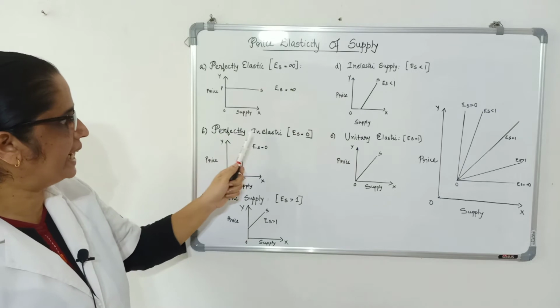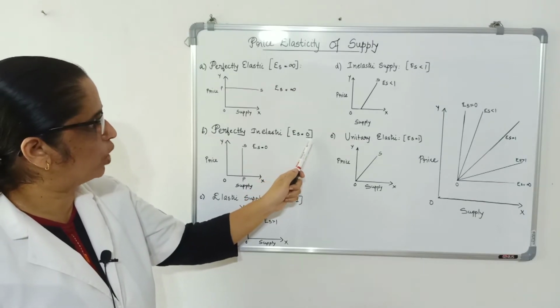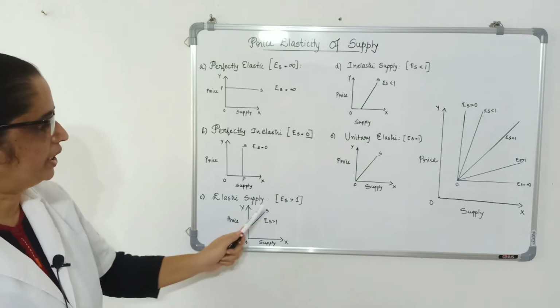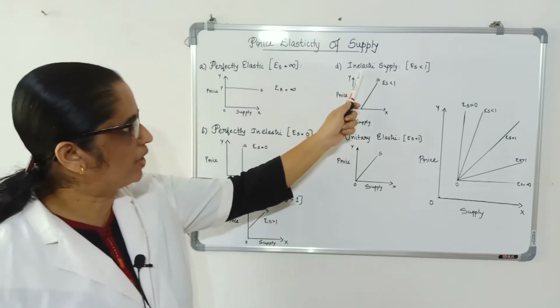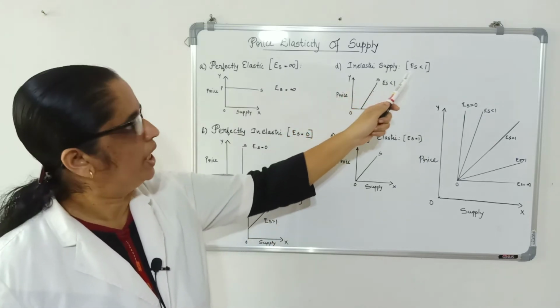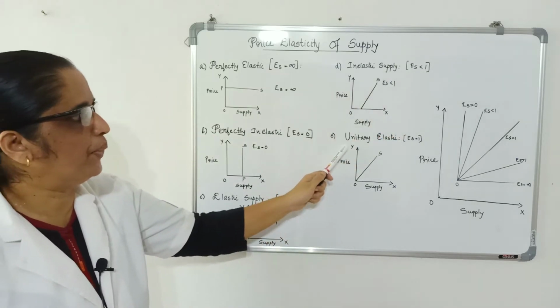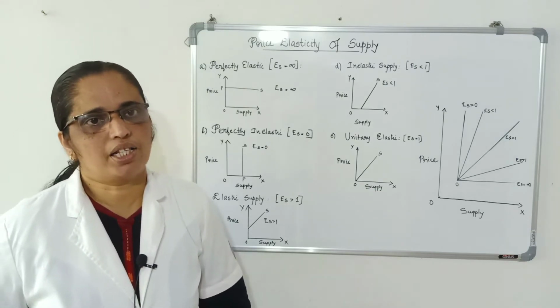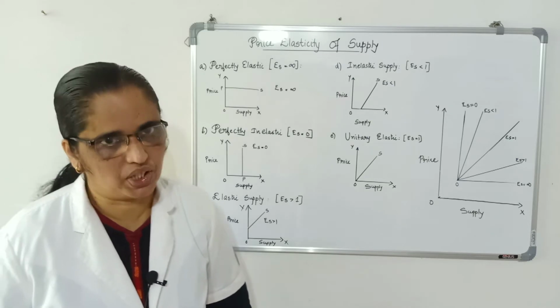Second, perfectly inelastic supply, that is, elasticity of supply is equal to 0. Third, elastic supply, elasticity of supply is greater than 1. Fourth, inelastic supply, elasticity of supply is less than 1. Fifth, unitary elastic supply, that is, elasticity of supply is equal to 1, or equal to unity.